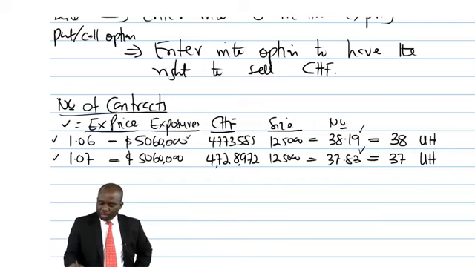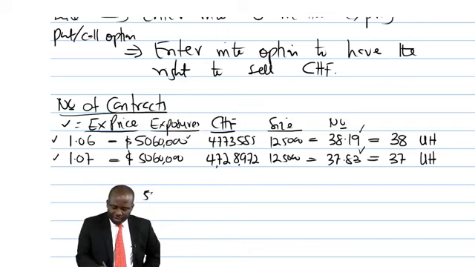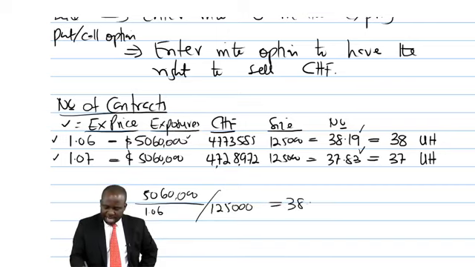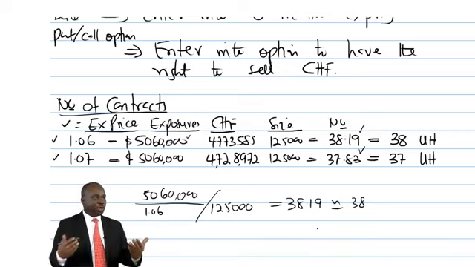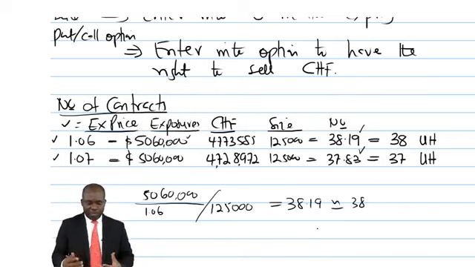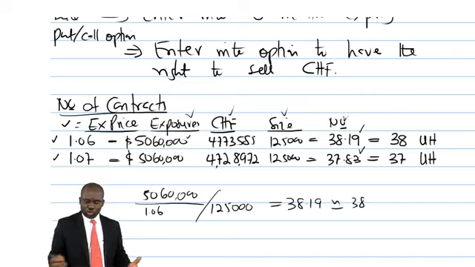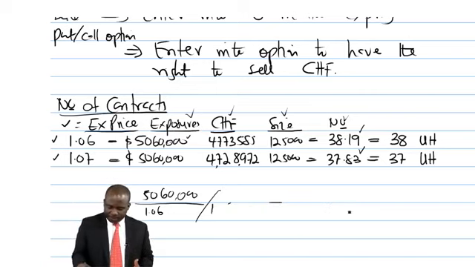So straightforward, to get this 38, I could have done 5060 divided by 1.06, and when I finish, I will divide everything by 125,000. That would have brought me to 38.19, and I will say approximately 38. You do the same thing for that line, but because I'm teaching for you to see the movement, that is why I'm showing you those headings. I don't need to show those headings to the examiner.